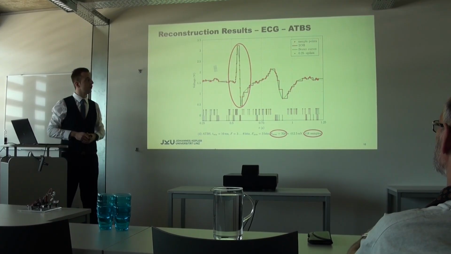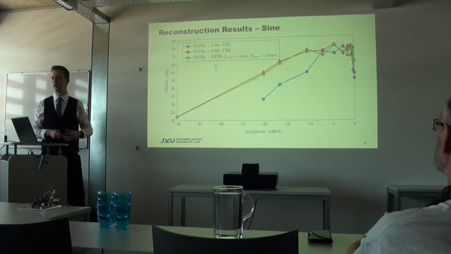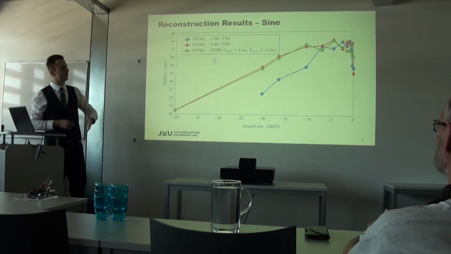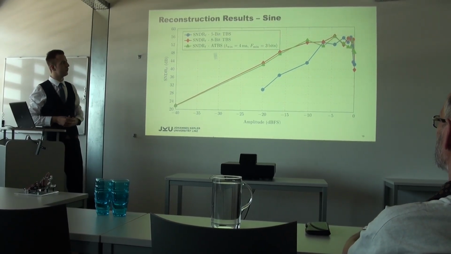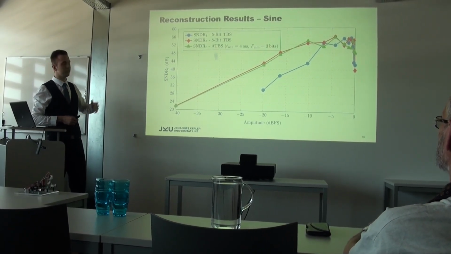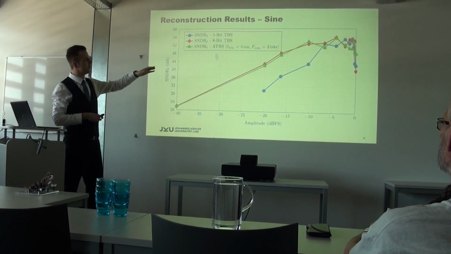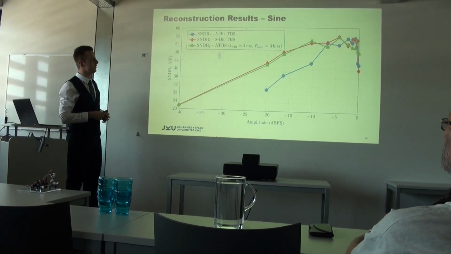And the cool thing now is we don't even lose SNDR in the frequency domain. So here we have the reconstructed signal, spline interpolated, FFT transformed, and then we calculated the SNDR. For an 8-bit threshold-based sampling and an adaptive threshold-based sampling, we nearly have the same SNDR.